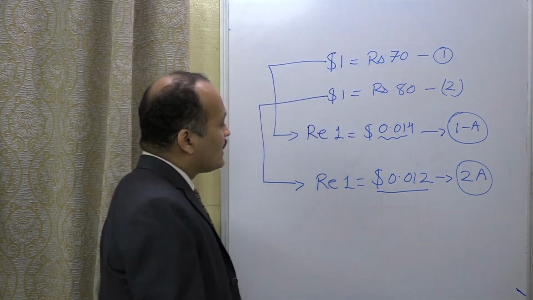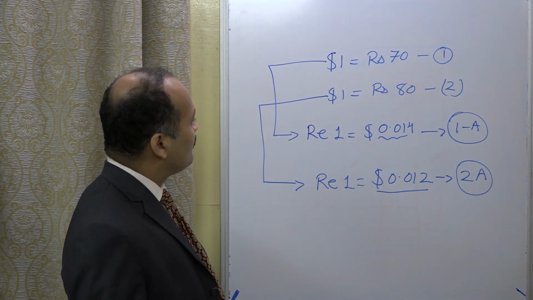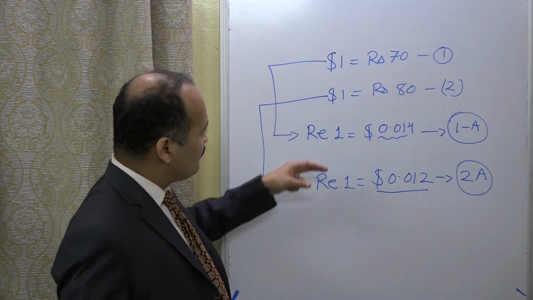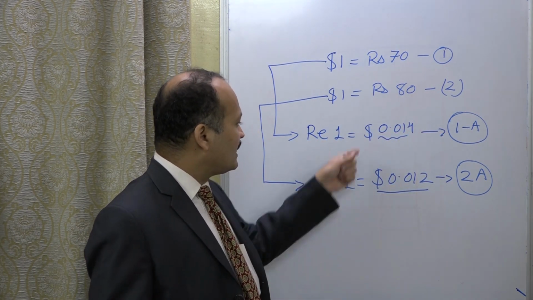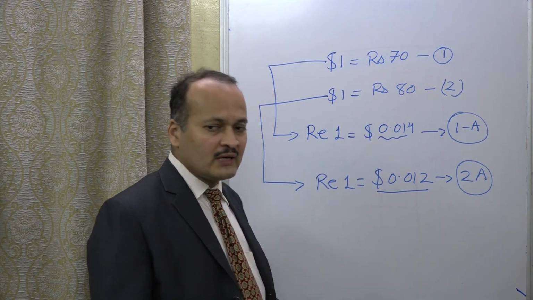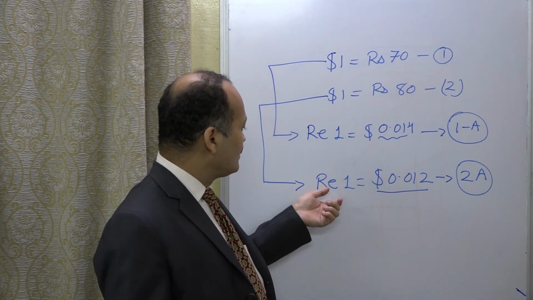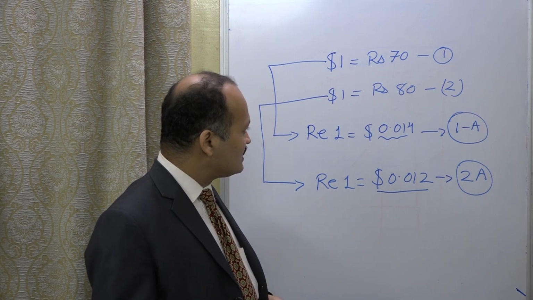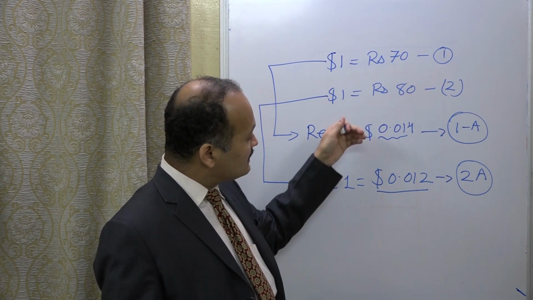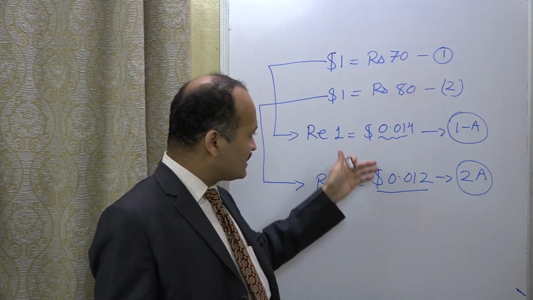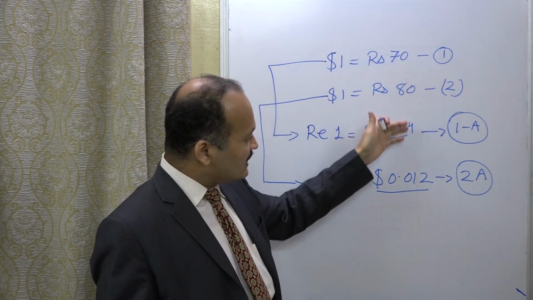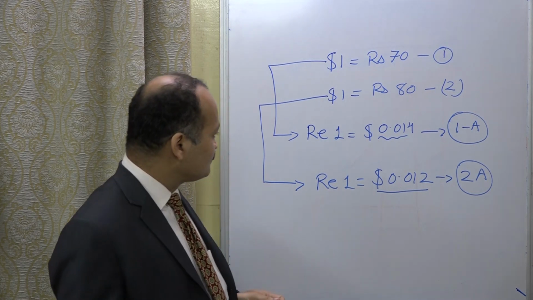Now we are saying that when we are moving from scenario 1A to scenario 2A, I am getting fewer units of foreign currency for the same 1 unit of domestic currency, and in that sense the rupee is depreciating. It is now intuitive because I am going from a bigger number to a smaller number.